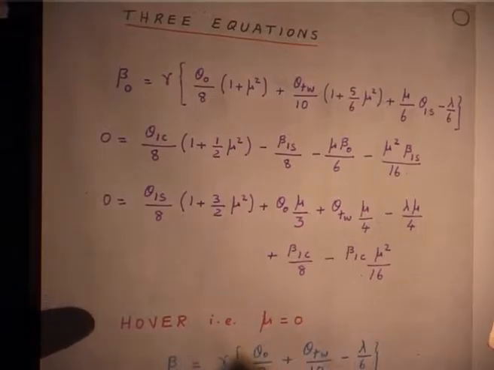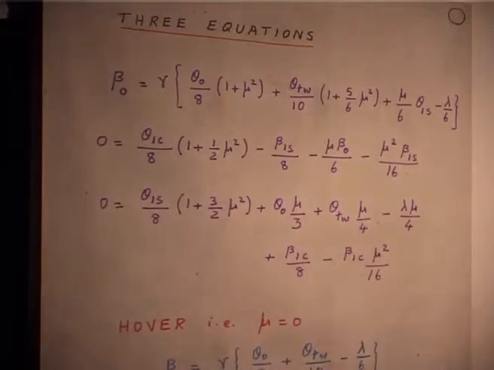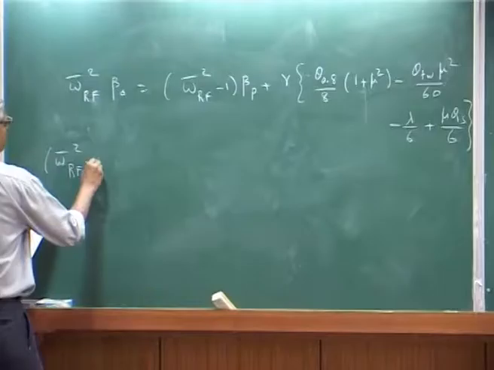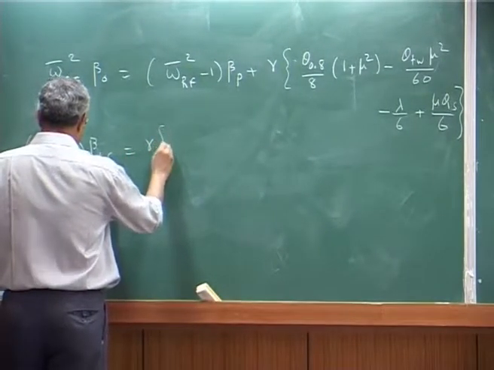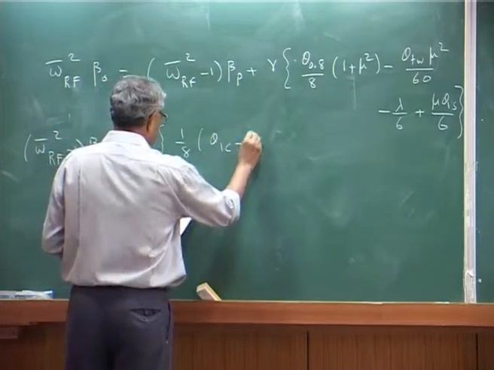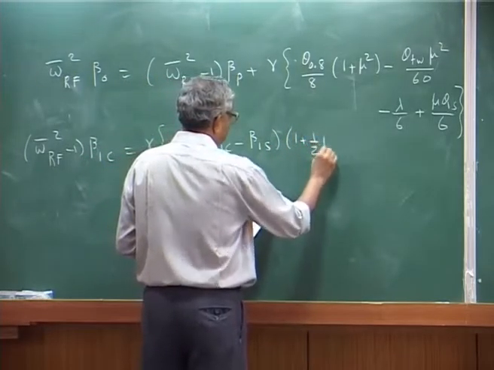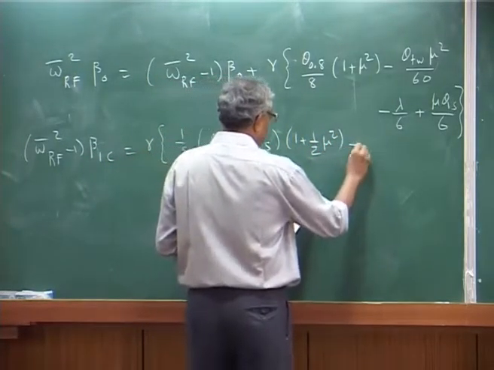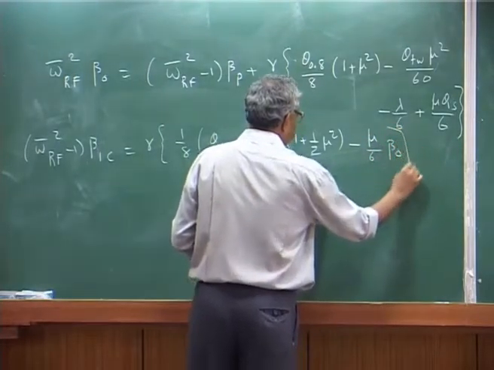But then the next 2 terms: omega bar, this is a little different, minus 1 beta 1 c is gamma 1 over 8 theta 1 c minus beta 1 s into 1 plus half mu square minus mu over 6 beta naught.